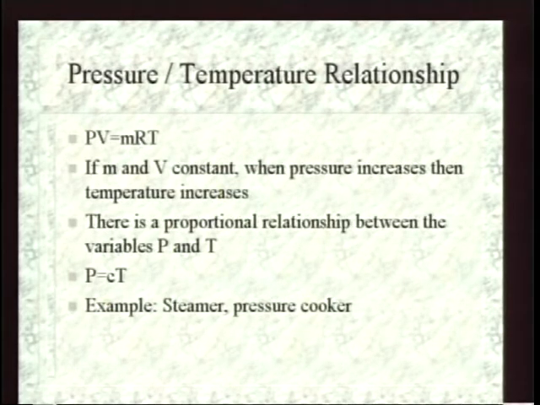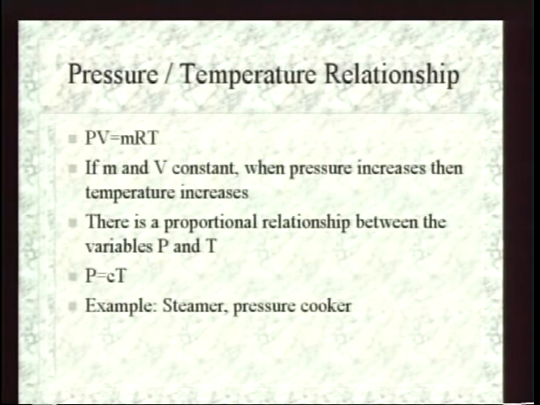And in a real-world example that you can visualize in your mind for this process is to think of a steamer or a pressure cooker, where the volume of that pressure cooker is a constant, and the mass, the air, and whatever you're cooking in the pressure cooker is constant. So you've got a constant mass, constant volume.